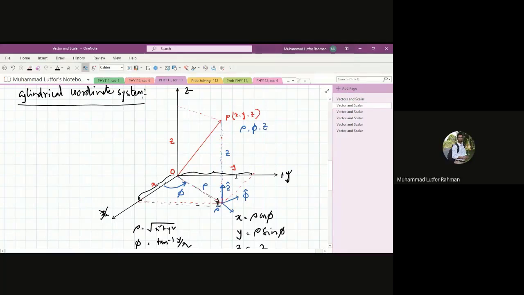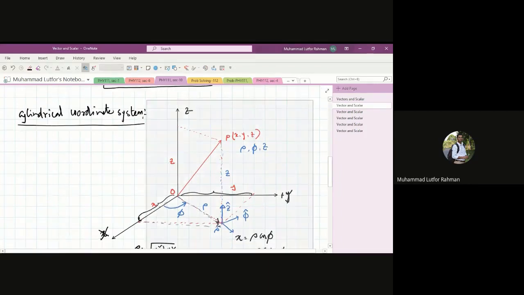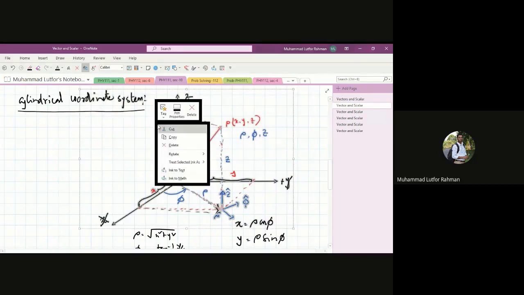Now I'm going to make this copy to draw that spherical polar coordinate system. It will help me.